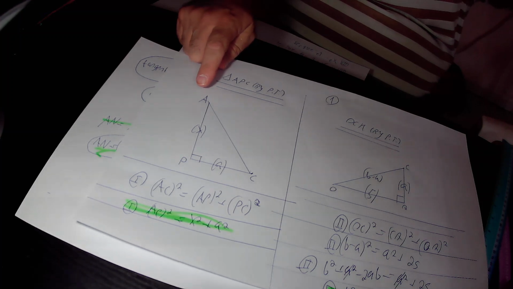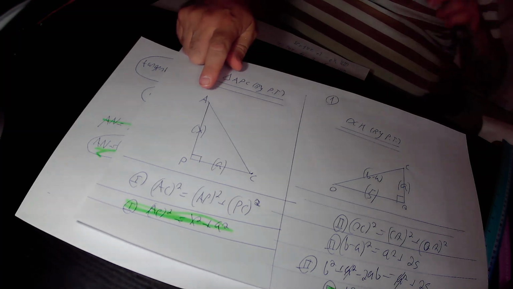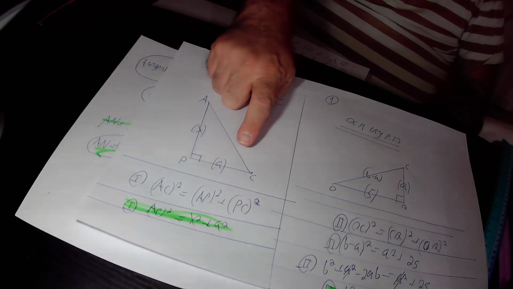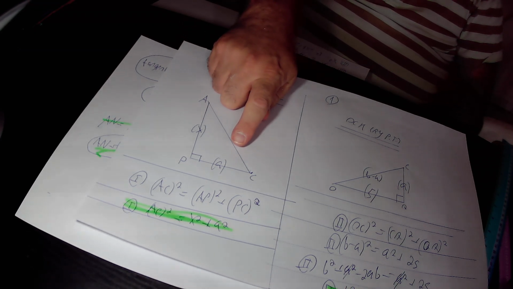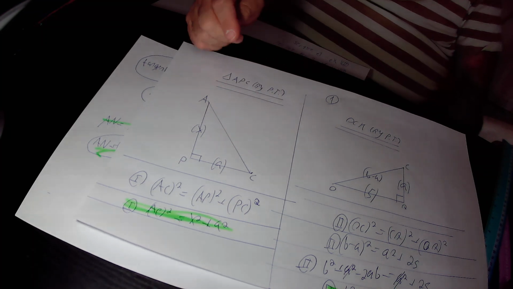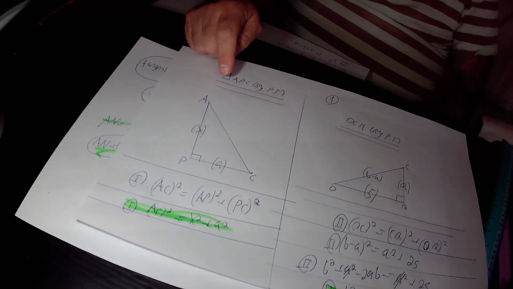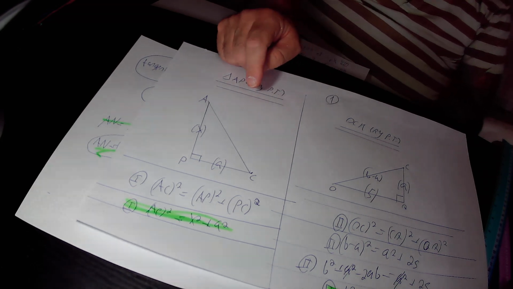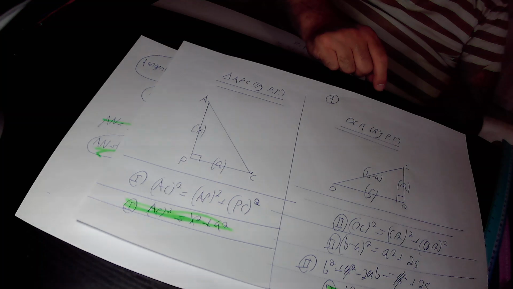AP actually equals X, that is the tangent that we are looking for in this question. PC is the radius of the small circle, that is equal to A units in its length according to our definition. So in this right triangle APC, according to the Pythagoras theorem, AC squared, that is the square of the hypotenuse, is equal to AP squared plus PC squared.